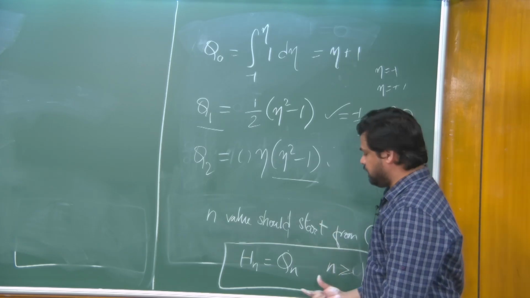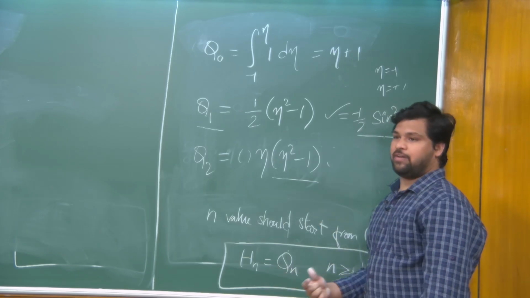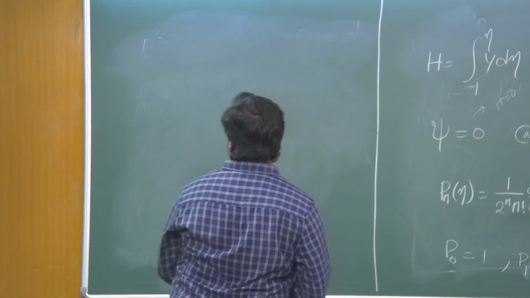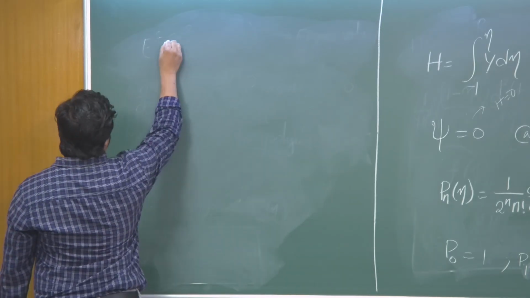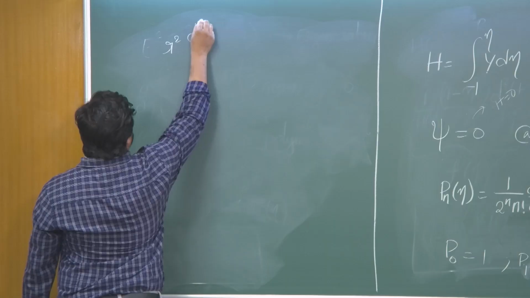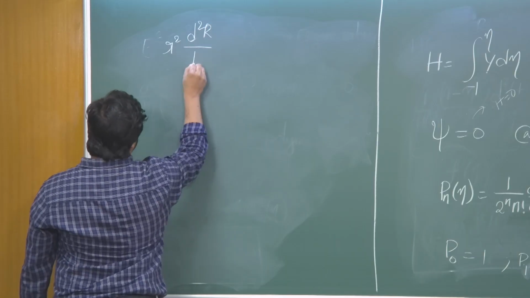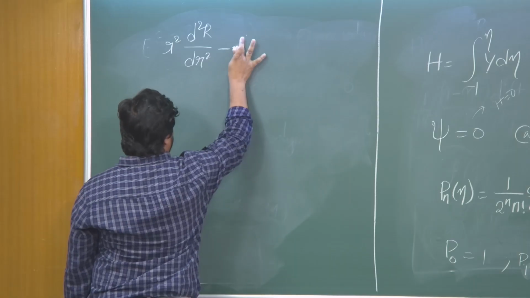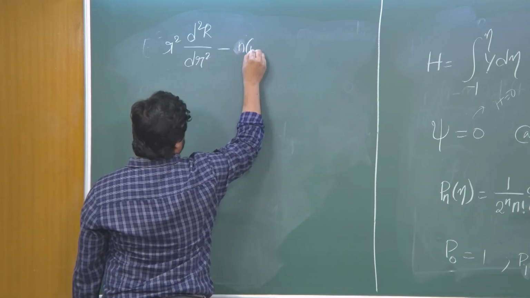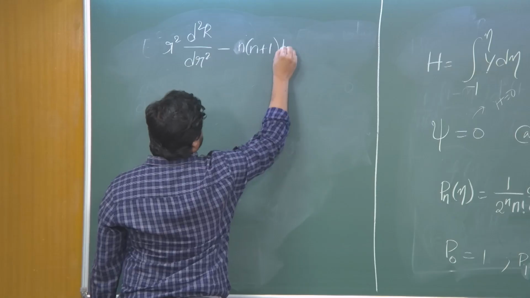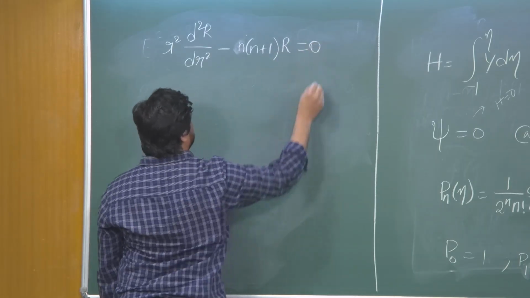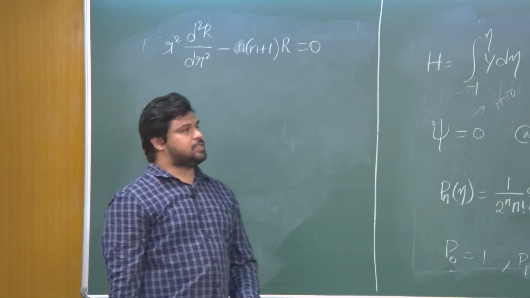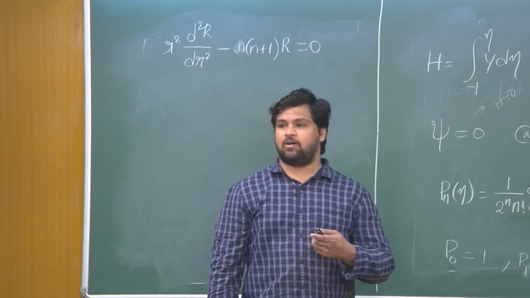So we found Hn, now we will find r. The equation for r is r square d square r by dr square minus, and this alpha I am directly writing as n into n plus 1. This equation is nothing but a Cauchy-Euler equation.